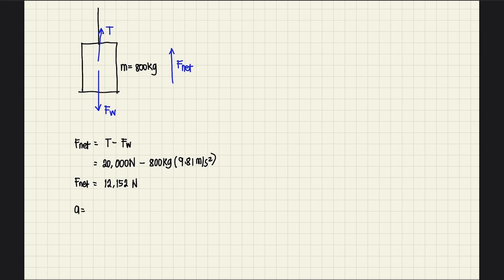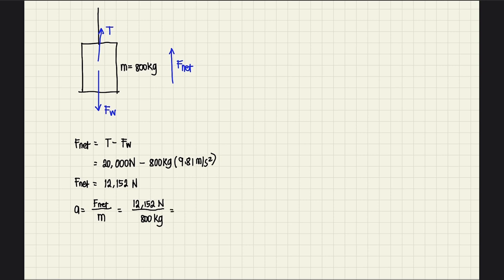After finding the net force, we can solve for the upward acceleration. Acceleration is equal to the net force divided by the mass. So the net force is 12,152 newtons divided by the mass of 800 kilograms.